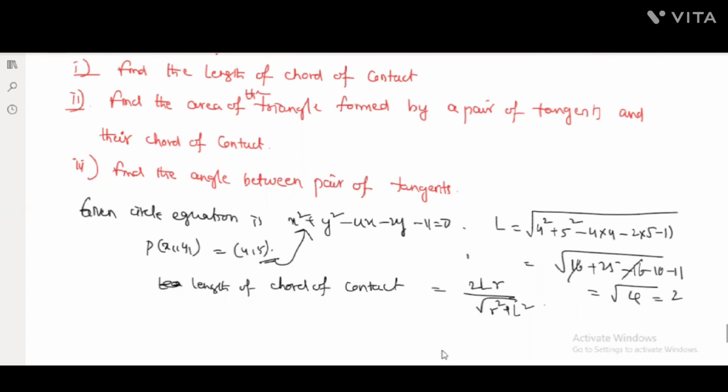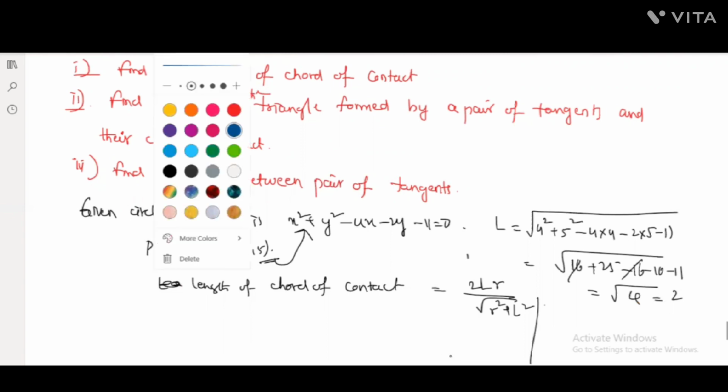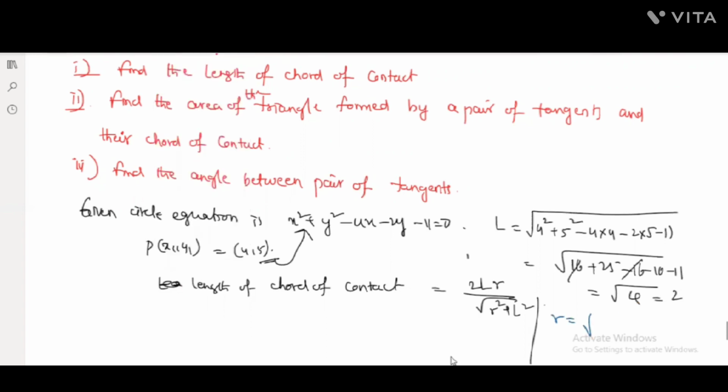For the radius of the circle, the center of this one is (2, 1), so 4 plus 1 plus 11, root 16, which is 4. Here L is lesser than the radius.